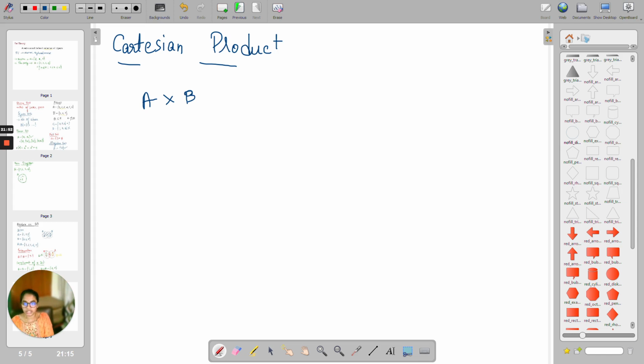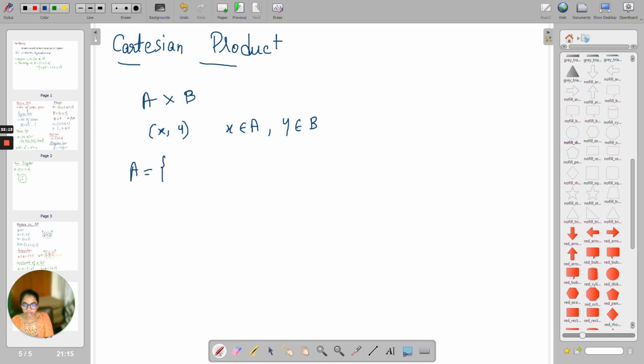So now this set A cross B contains elements in the form of ordered pair, say x comma y, such that x belongs to the set A and y belongs to the set B. Yes. Now let me take an example.